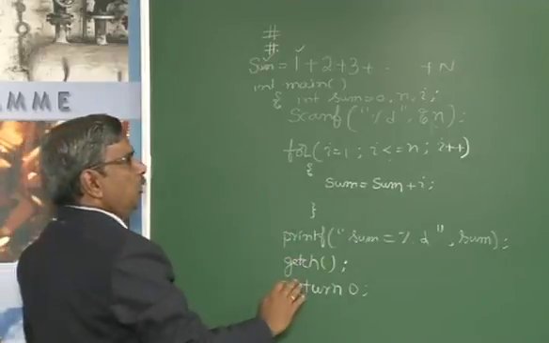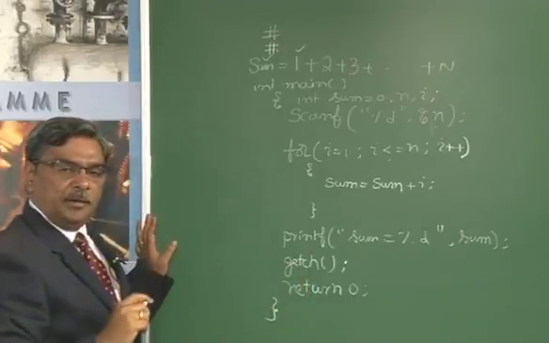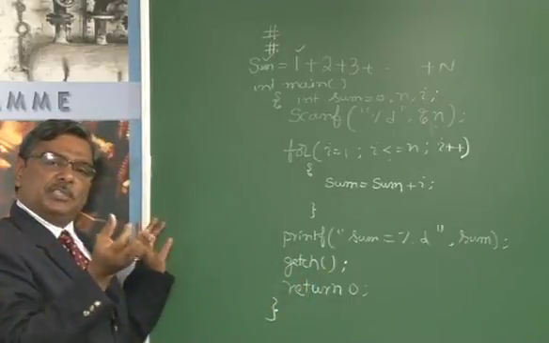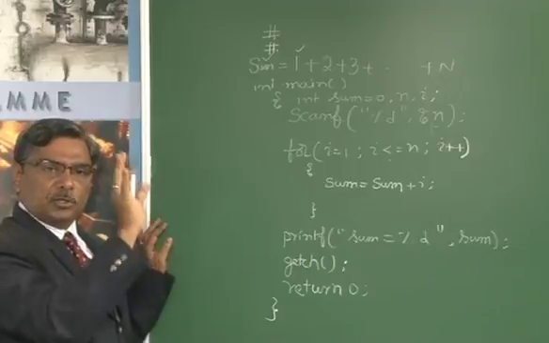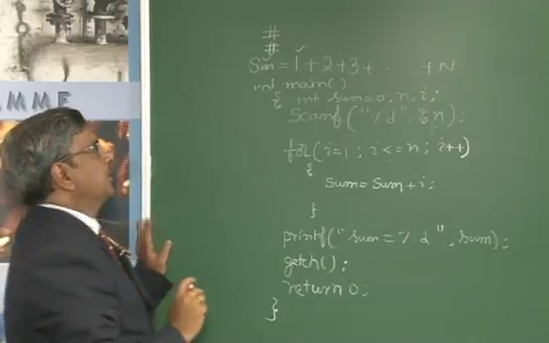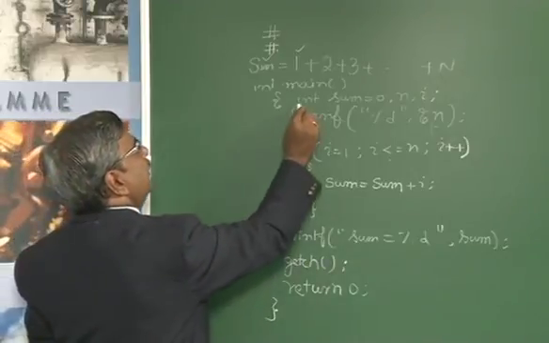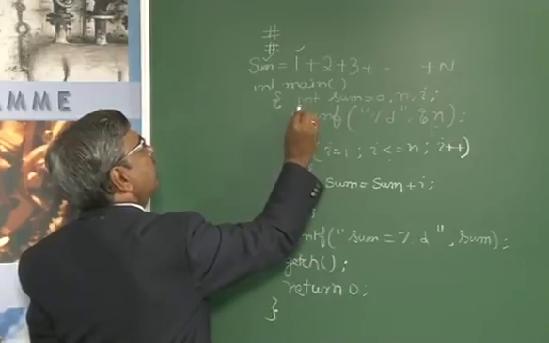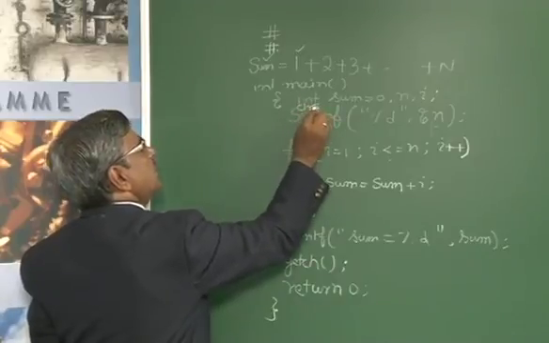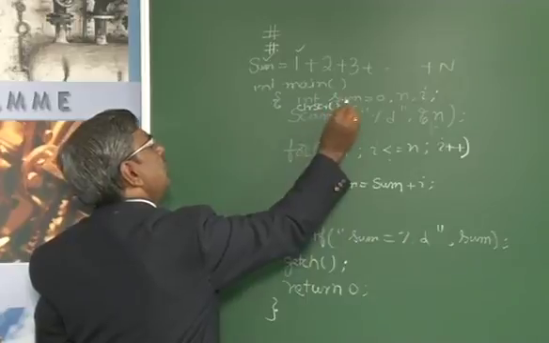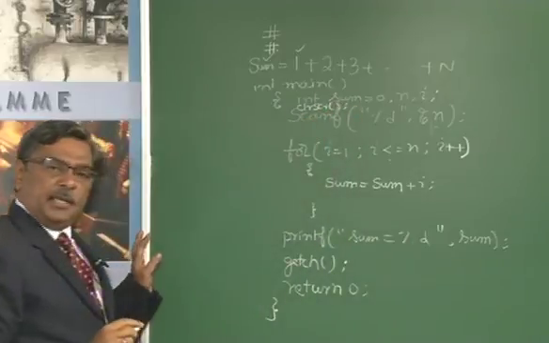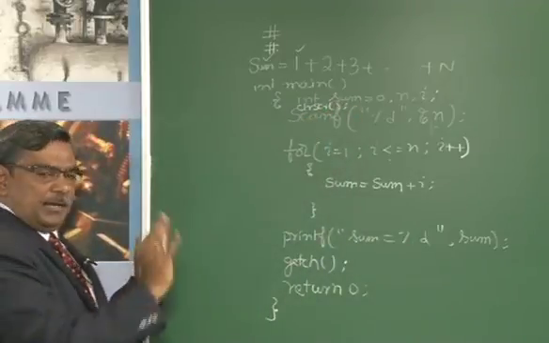When you run this program in the Turbo C environment, you can also see the output of your previous program. To avoid this, you can introduce one statement after your declaration, that is clrscr. This is a function available in the C language to clear your output screen.